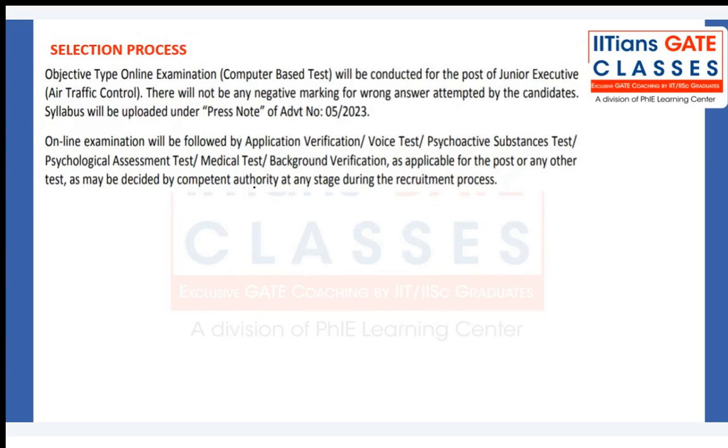What is the selection process, guys? In short, I already mentioned: CBT plus document verification plus voice test plus some other tests, medical test and all. The first stage is an objective type online examination, that is a CBT exam, CBT based test.